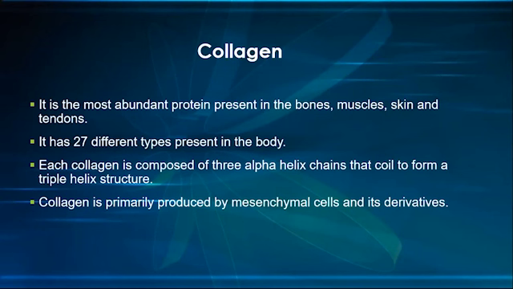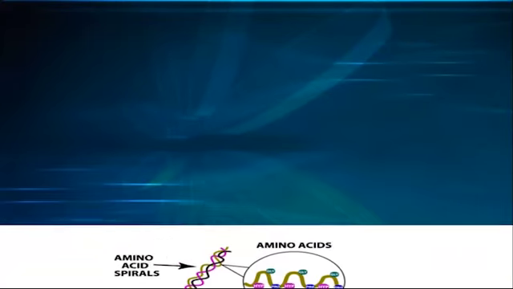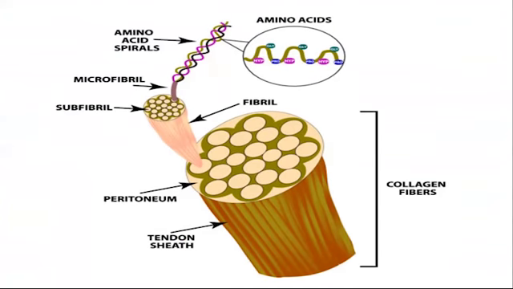Again, last point, you can see primarily produced by mesenchymal cells and its derivatives. So what is the derivative of mesenchymal cells? It is the fibroblast cells, and those cells are involved in secretion of the collagen. So this is the basic introduction of the collagen, and then we will study its formation and different types in our next lecture.